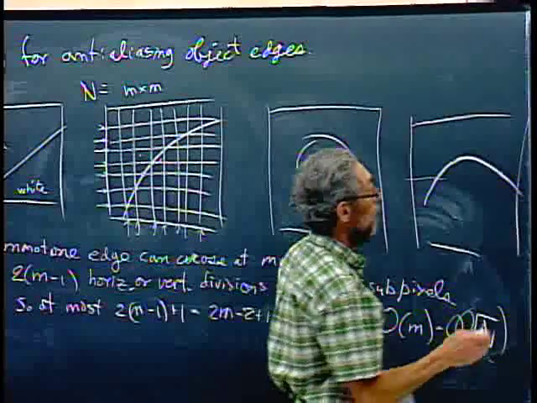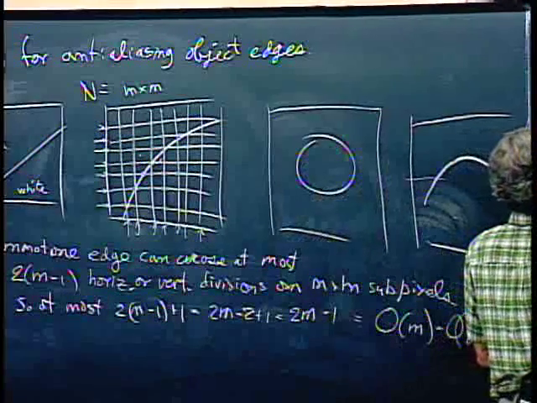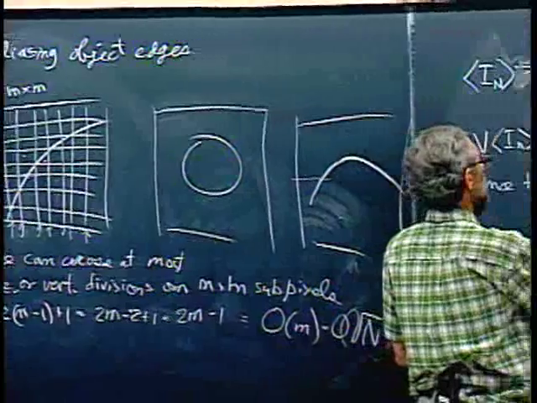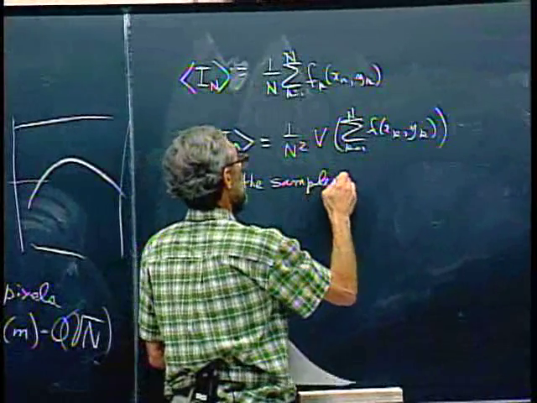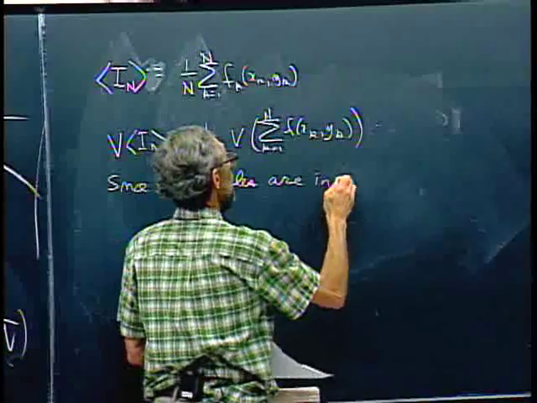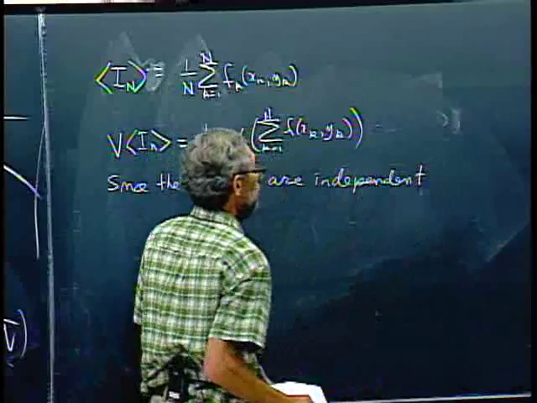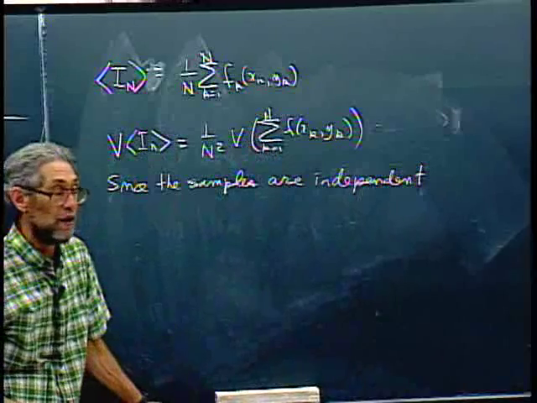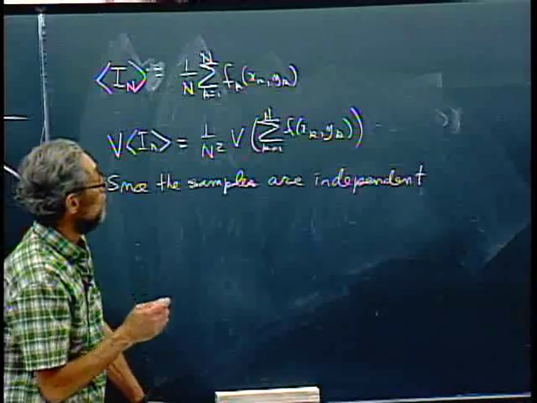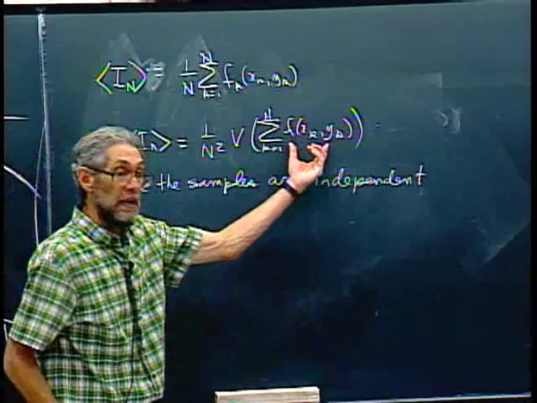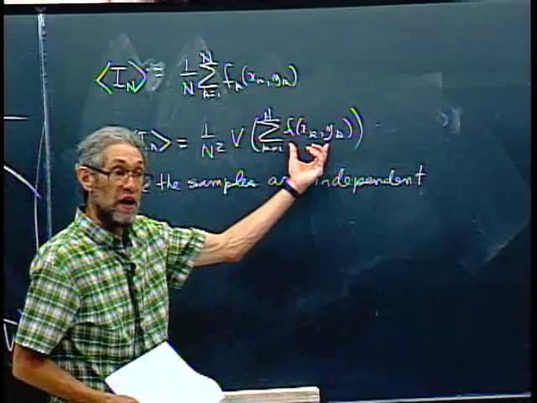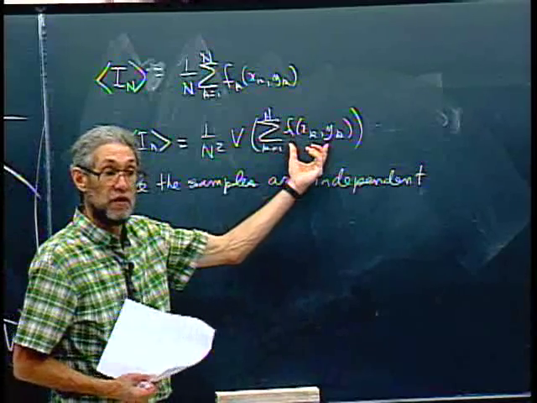So, since the samples are independent, assuming you had a good random number generator, what I proved is if these are independent random variables, then the variance of the sum is the sum of the variance.